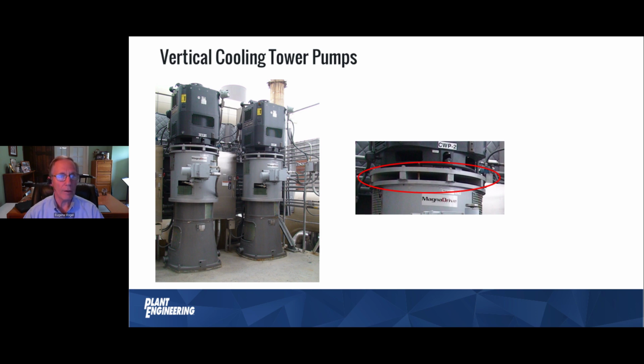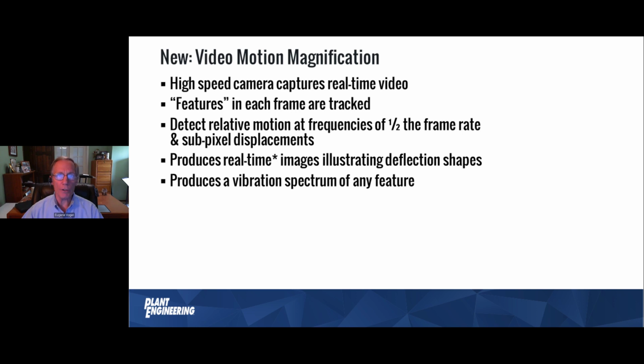And we call it video motion magnification. It typically uses a high-speed camera to capture a video. And there are certain features in the video, if you can see a particular point in there, it can track that particular point and actually detect relative motion down to 1/2 the frame rate and less than a pixel displacement. It can be really accurate with these cameras that they've got and the software that they use for interpreting them.